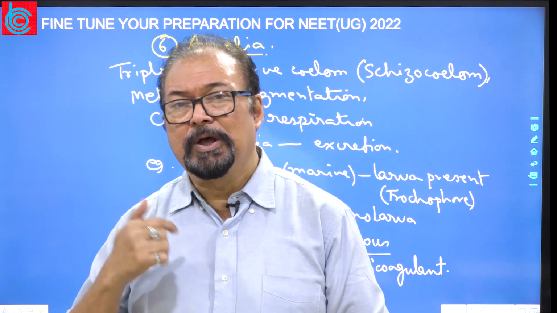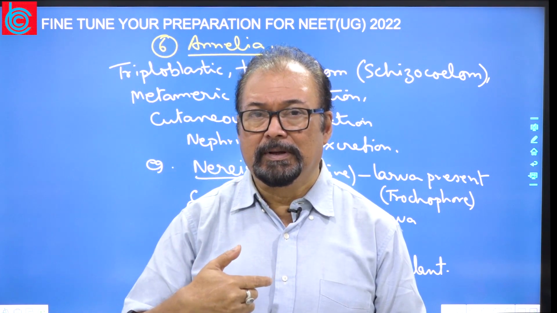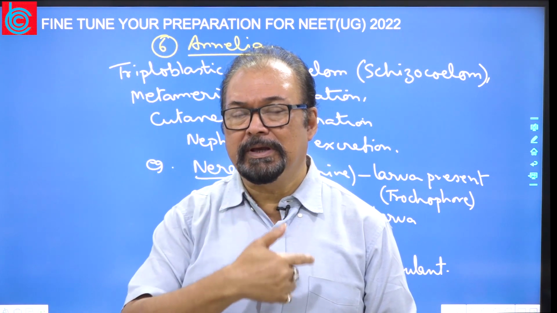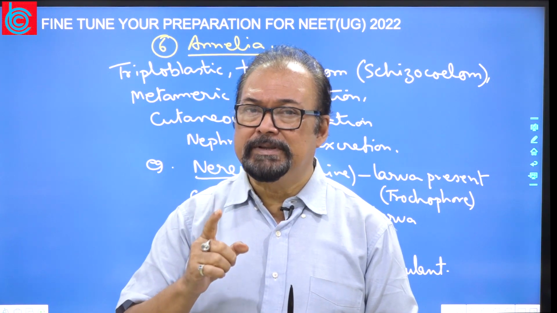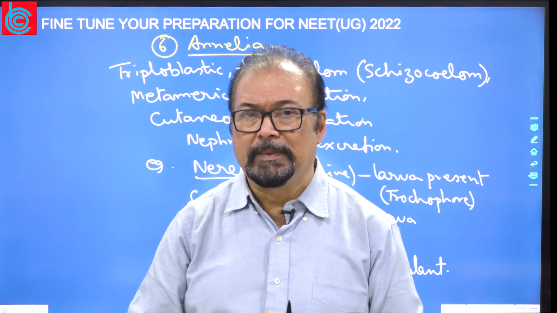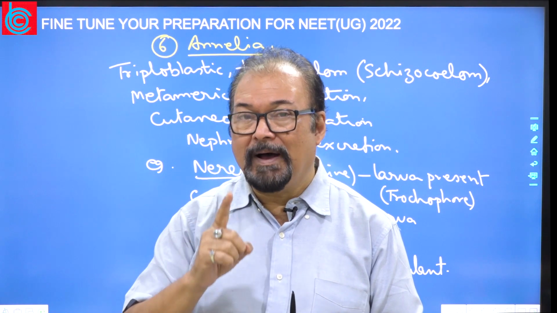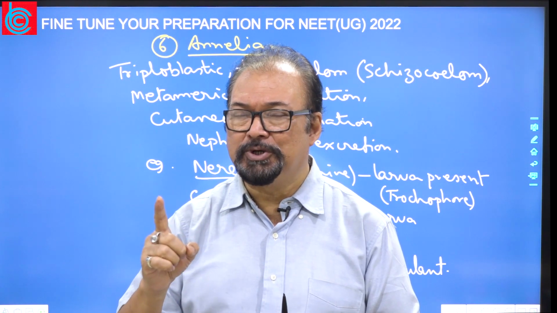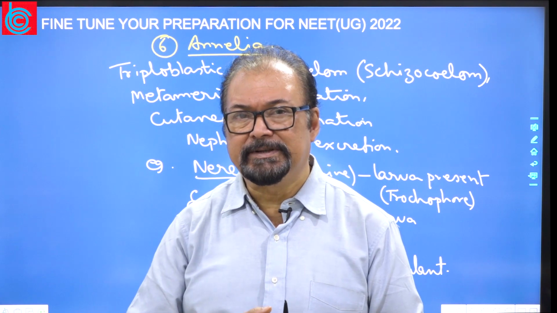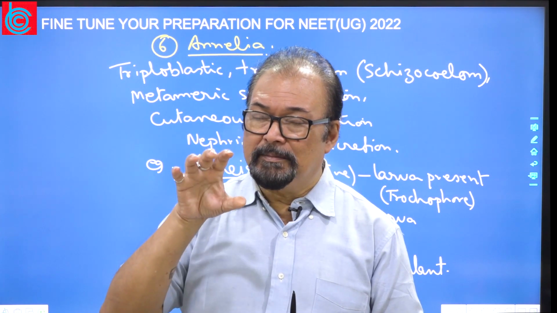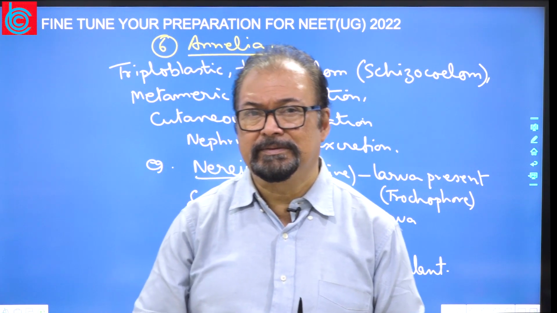So again repeating, we also have anticoagulant in our blood. So when the blood is circulating in our body, there is no coagulation. Which compound is there? Heparin. From where heparin is coming? Number 1, mast cell of areolar tissue. Number 2, basophil, a type of WBC. When the mosquito is sucking blood, it is also producing anticoagulant.